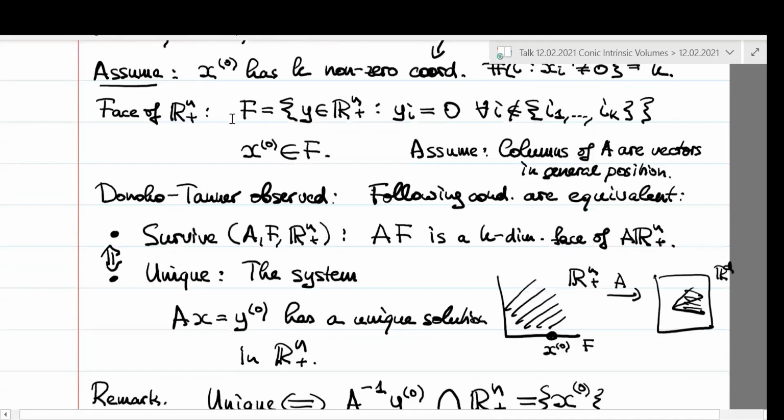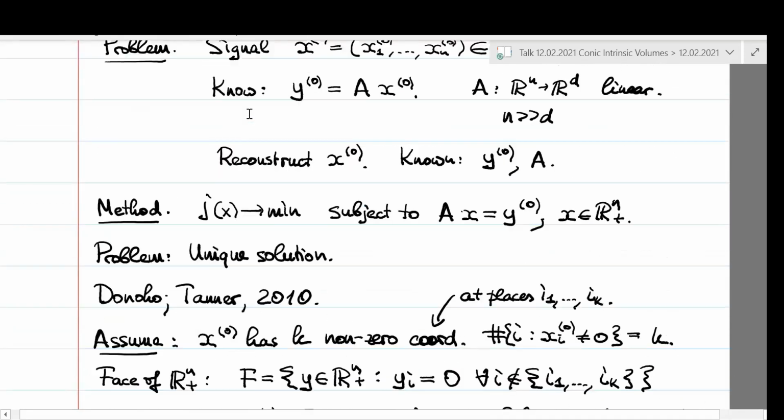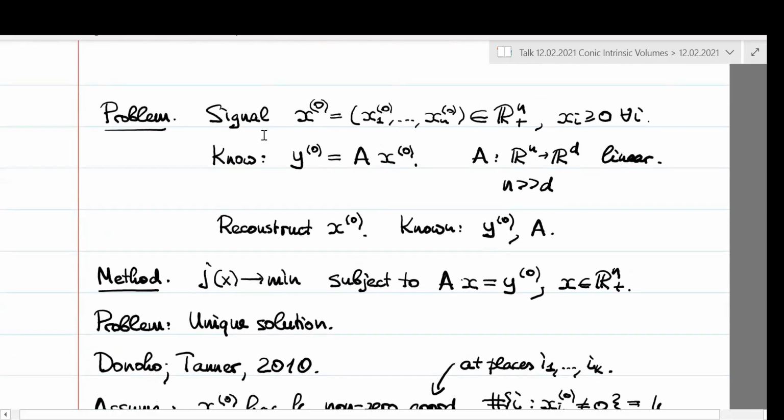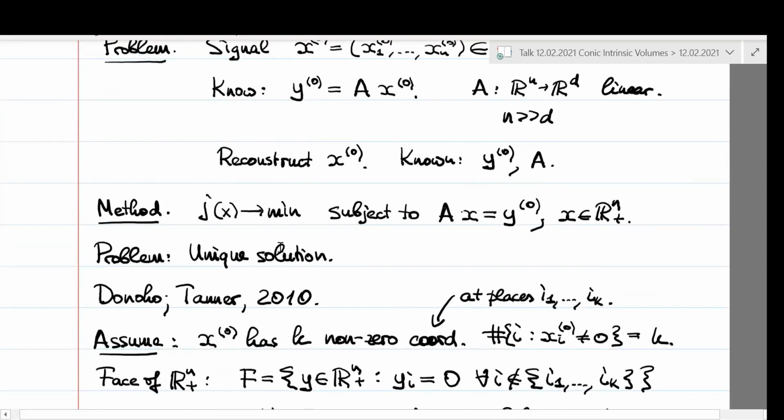By the way, it's not really my method, it's the method of Donoho-Tanner. In the method, what is the role of the function J? Because I think that you just give a condition under which the linear system Ax equals y0 has a unique solution. So J doesn't play any role.